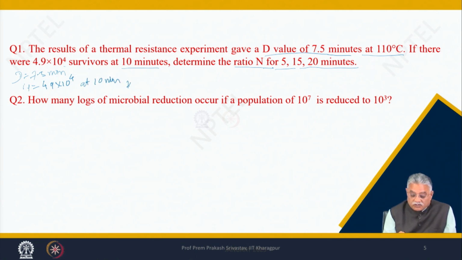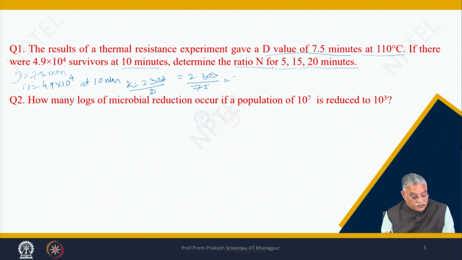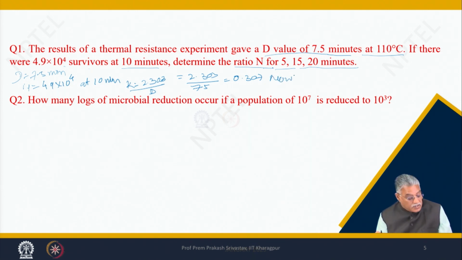So, k is equal to 2.303 divided by D, that is equal to 2.303 divided by 7.5, that is equal to 0.307. Now, the ratio N by N0 is e to the power minus kt.